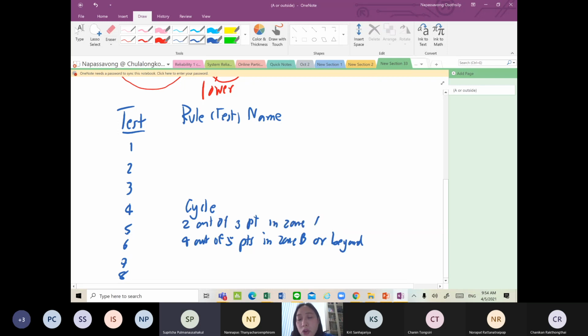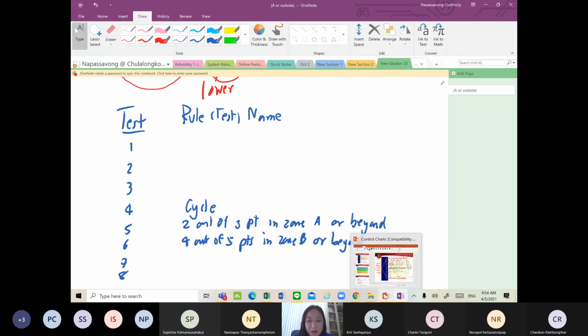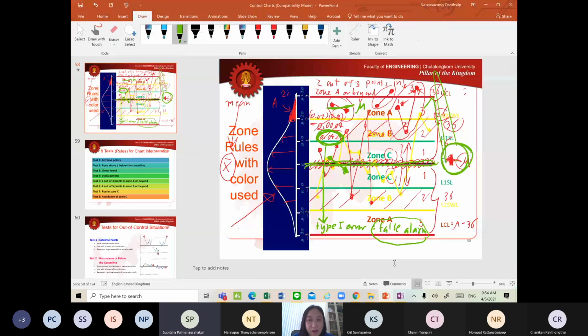Okay, that's great. And do you clearly understand how we take this abnormal pattern according to this rule? Are you sure? When we gather the data and we find that some points are in zone A or beyond zone A, there's a really slim possibility that we could see points in that zone.